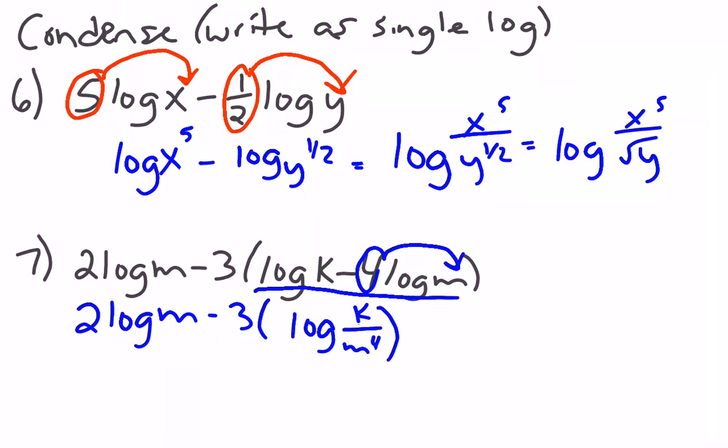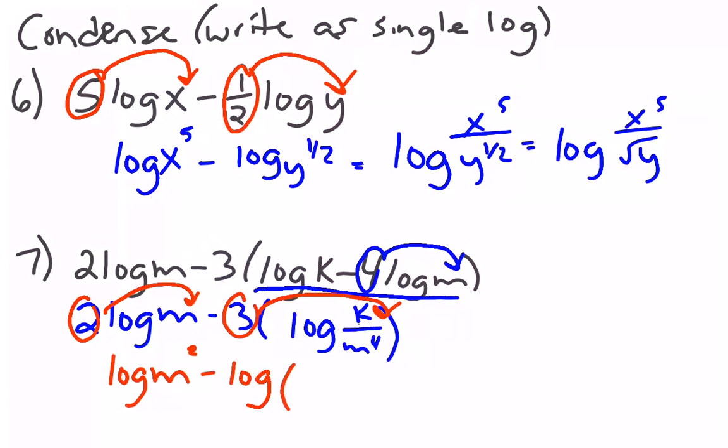And now moving outside the parentheses, I'm going to bring this 2 in as an exponent. This 3 is going to become an exponent for everything inside. So that will give me log of m squared minus log of k over m to the 4th, all raised to the 3rd.